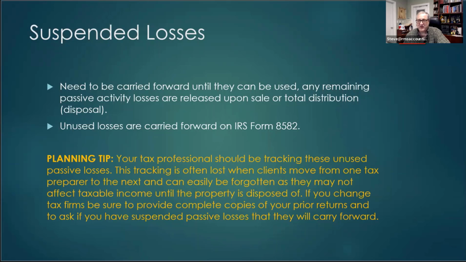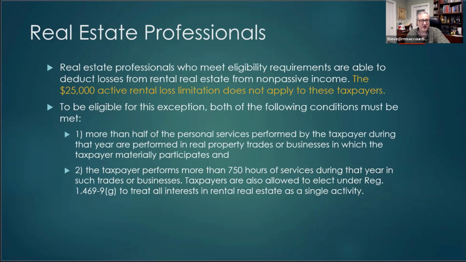That doesn't always happen. Sometimes clients don't have the records. Really important to keep the full copies of your tax returns. It's really important to make sure that there's continuity if you change tax preparers and your tax expert knows what's going on.